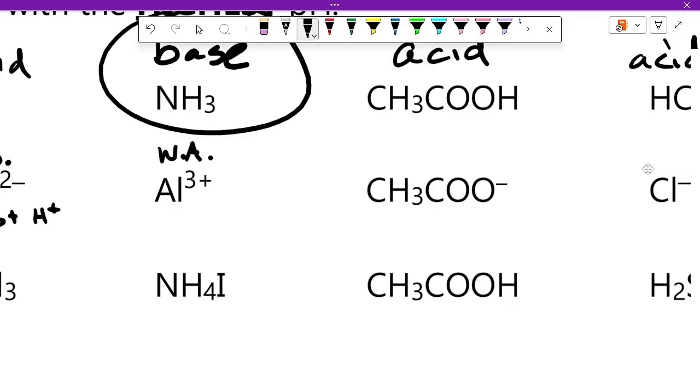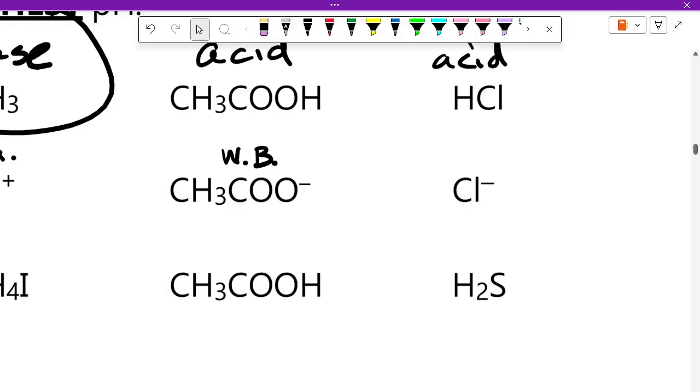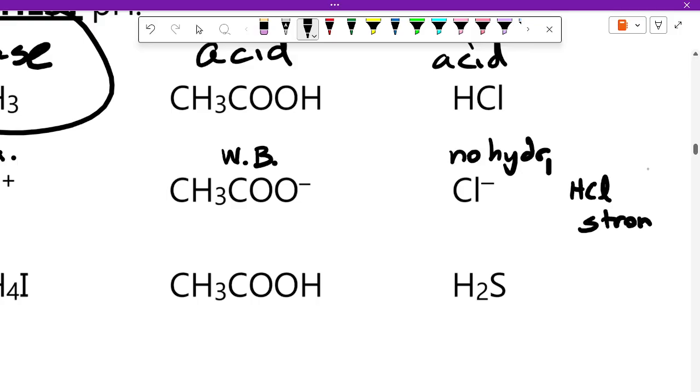Does it undergo hydrolysis? Yes, its conjugate acid is weak, so it is a weak base. And finally, Cl-. Does Cl- hydrolyze? No, because its conjugate acid is strong, so no hydrolysis. HCl is strong, so this is neutral.